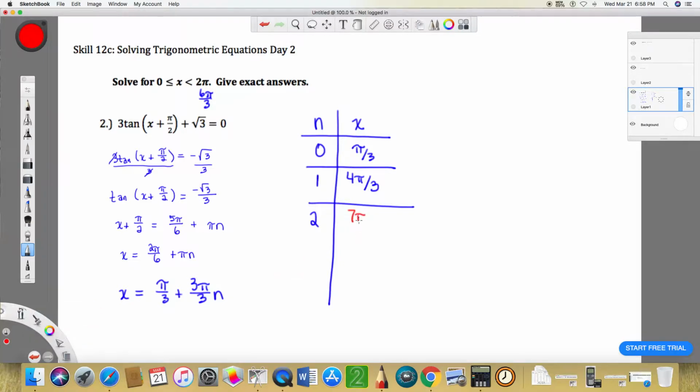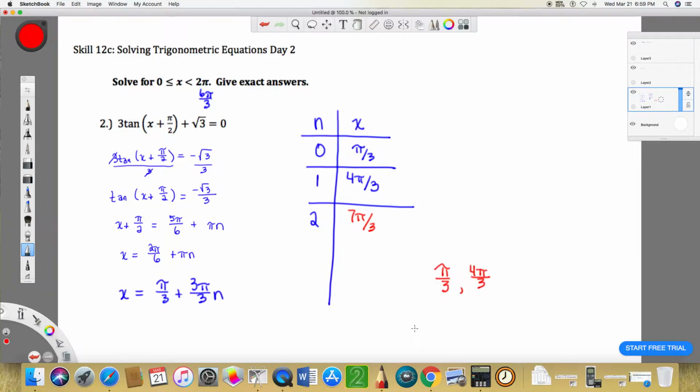The 7 pi over 3 is too big. They don't want that solution. So the only two solutions they want for this are pi over 3 and 4 pi over 3.